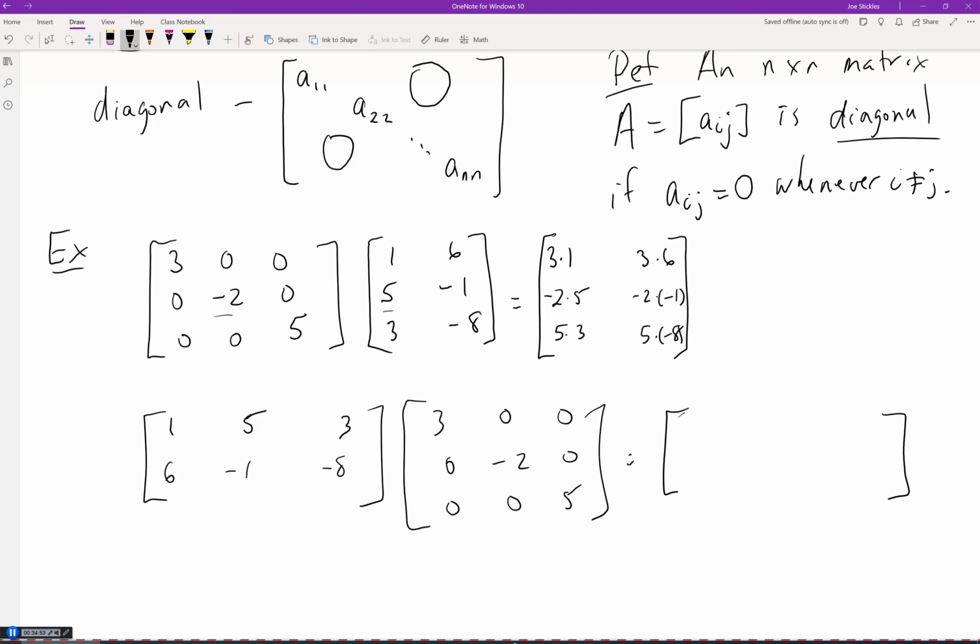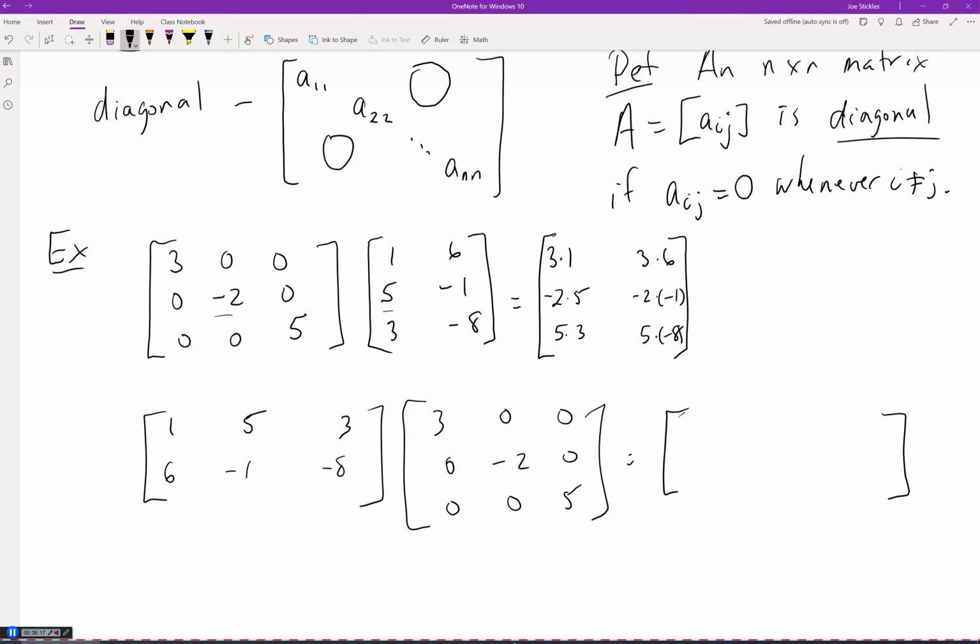All right, so let's look at that upper left-hand entry again. If we take the first row and multiply it by the first column, notice we get the 1 times the 3, right? Now notice in this one, if I take the first row and the second column, the same thing doesn't happen.